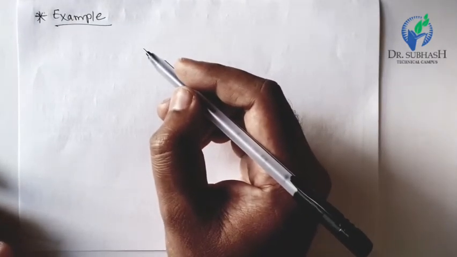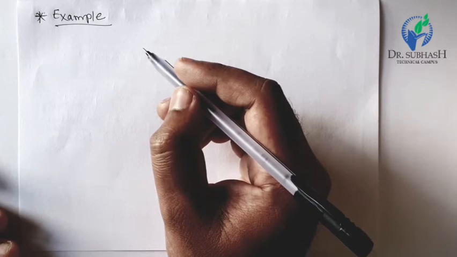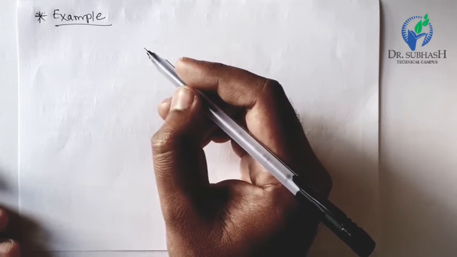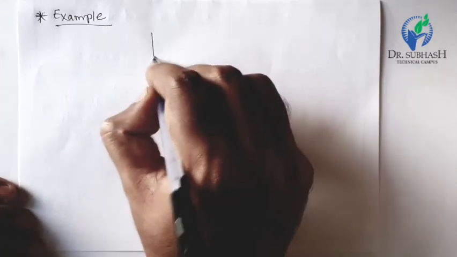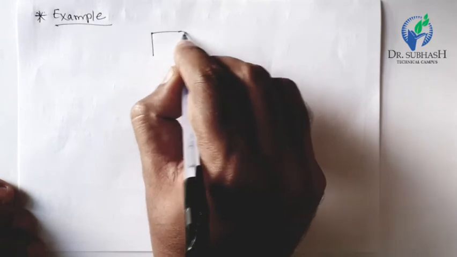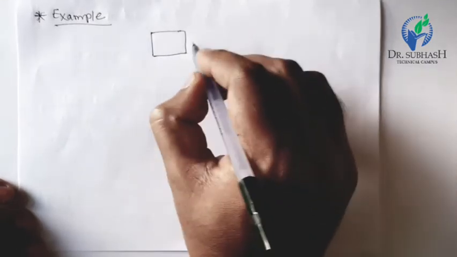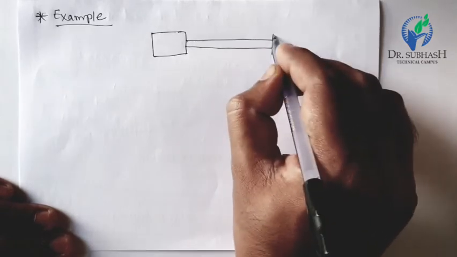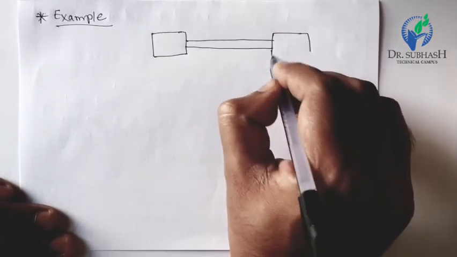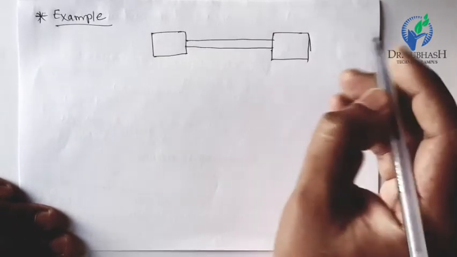In a steam power station, steam flows steadily through a 0.2 meter diameter pipeline from the boiler to the turbine. So first we will note here, in the steam power plant, one boiler is here and steam is flowing from the boiler to the turbine. This is just a symbolic notation of the boiler and turbine.